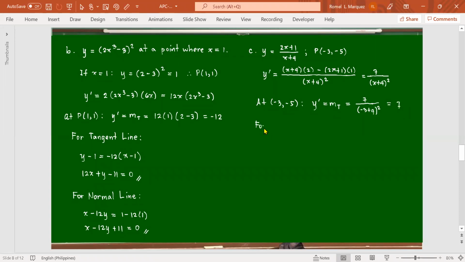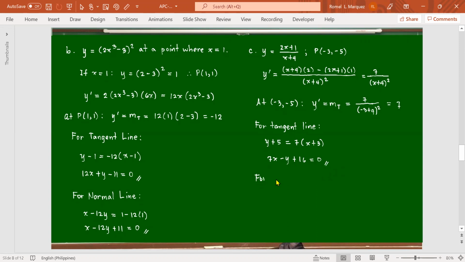So for tangent line, we have y minus -5 equals 7 times x plus 3, no? So we get 7x minus y plus 16. Am I correct, guys? Equals 0. Okay? So that's the tangent line.